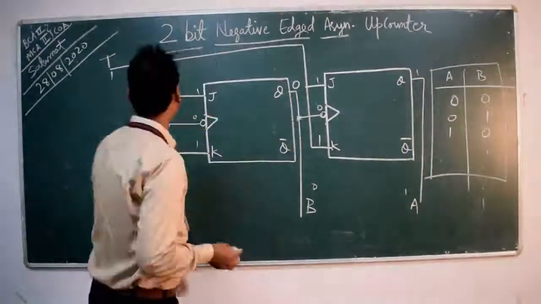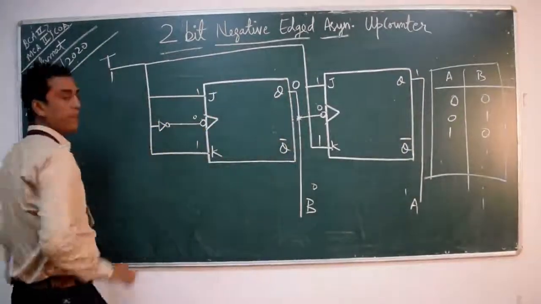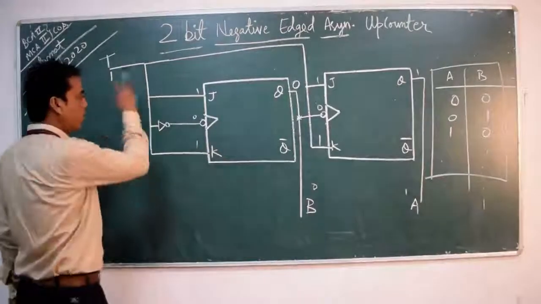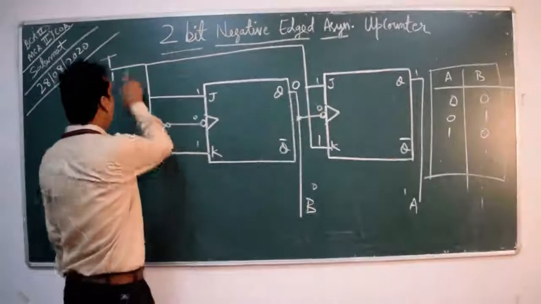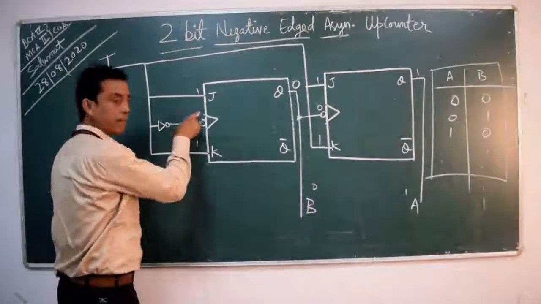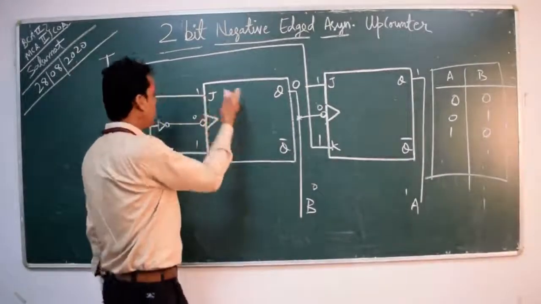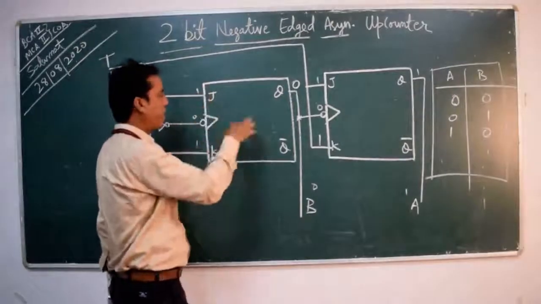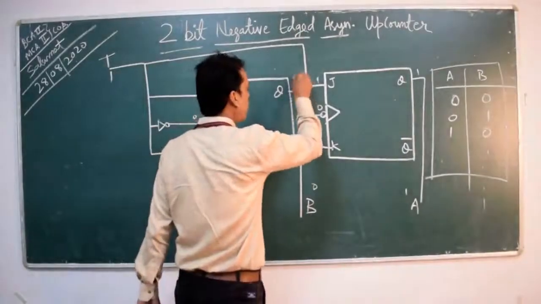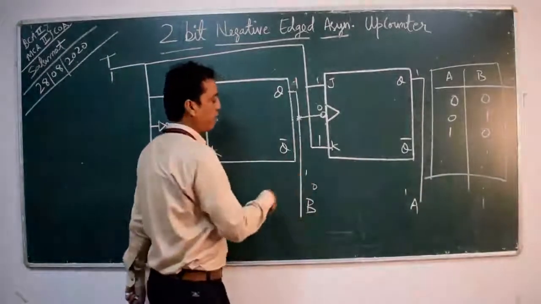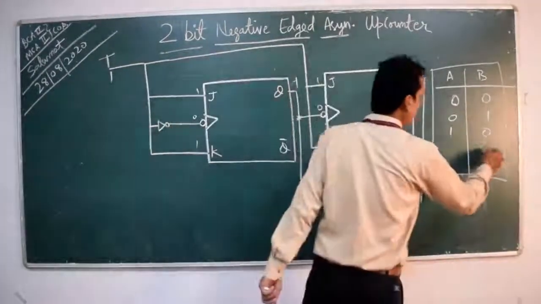Trigger it again. Put 1 here. That 1 will come to J and K also, and 1 will pass through the NOT gate and the gate will open. J and K will receive 1, 1 and it will toggle. 0 will be converted to 1. It will produce 1. Note it down.